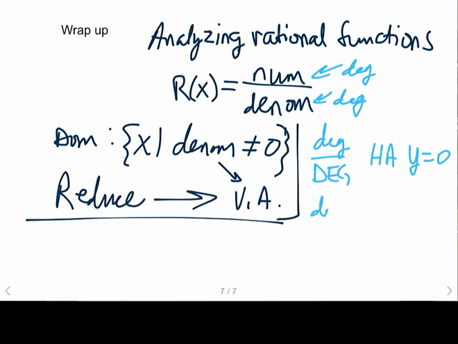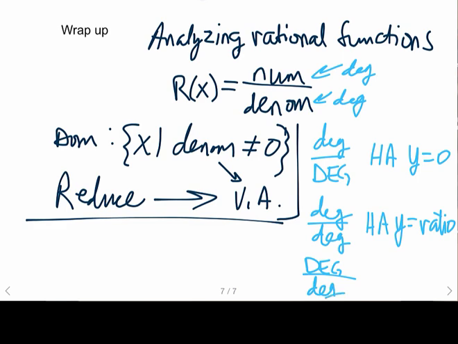If the degrees match in the numerator and denominator, we have a horizontal asymptote, y equals a ratio of leading coefficients. If the degree of the numerator is bigger than the degree of the denominator, then we have an oblique or a slant asymptote, depending on what you want to call it, and it's going to be y equals the quotient from long division.